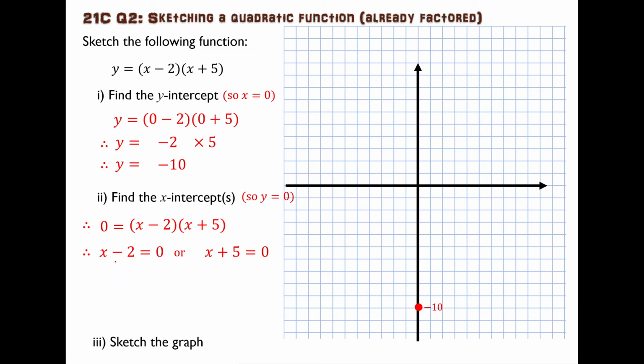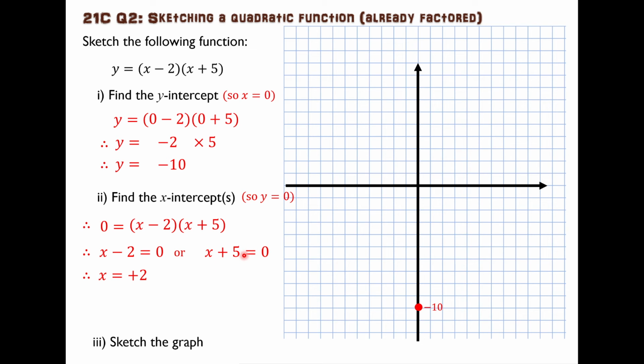One way to solve it is this negative 2 term moves to the other side and becomes positive 2. 0 plus 2 is 2. So this equation has a solution of x equals 2. I chose to put the plus sign in, but you don't have to.